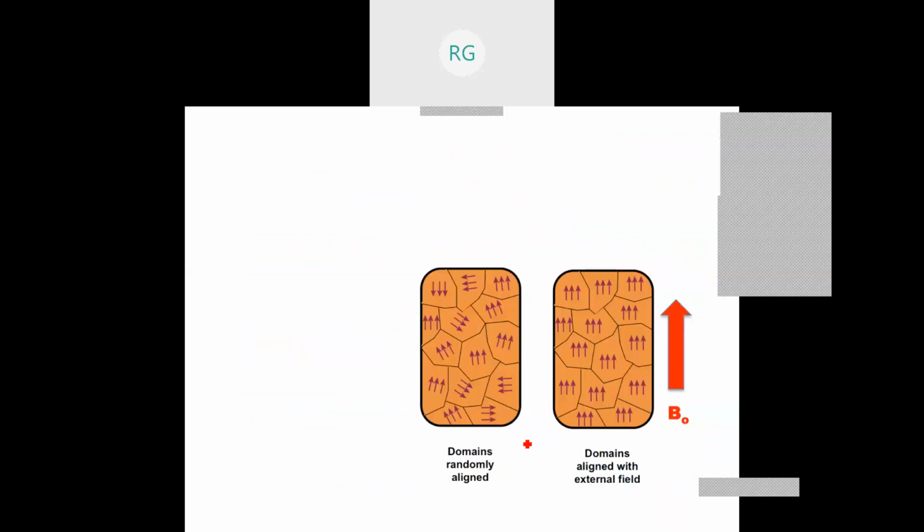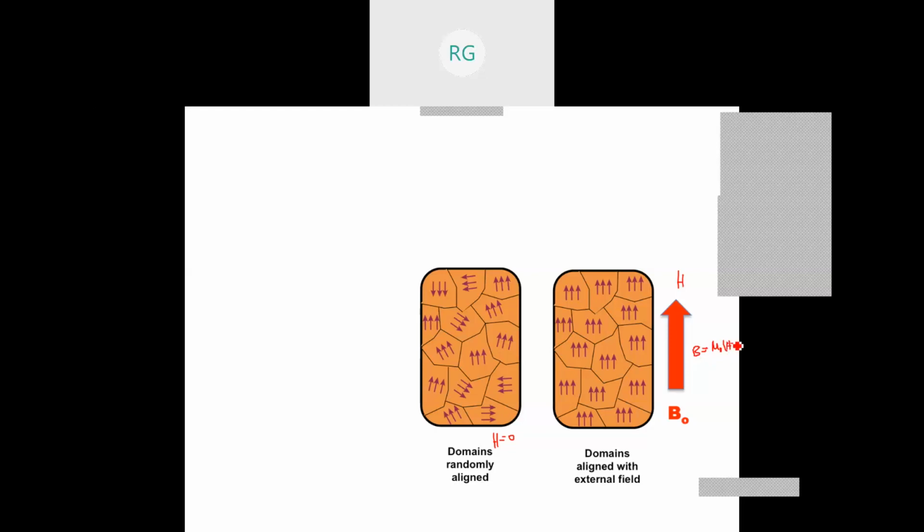Now look at this. Domains are randomly arranged when there is no field, H equals 0. And if I apply some H in this direction, you can see that all of them are moving in the same direction of H or B, because you know that B is equal to, as we wrote in the last class, mu naught times (H plus M).